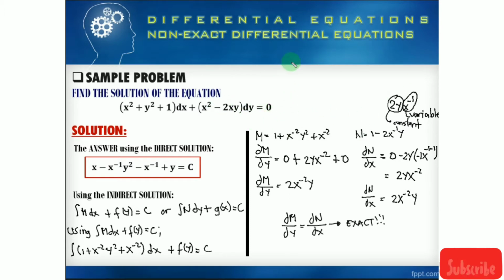So our m is just equal to 1 plus x raised to the negative 2 y squared plus x raised to the negative 2, and your n is just equal to 1 minus 2x raised to the negative 1, and then this is y, okay.